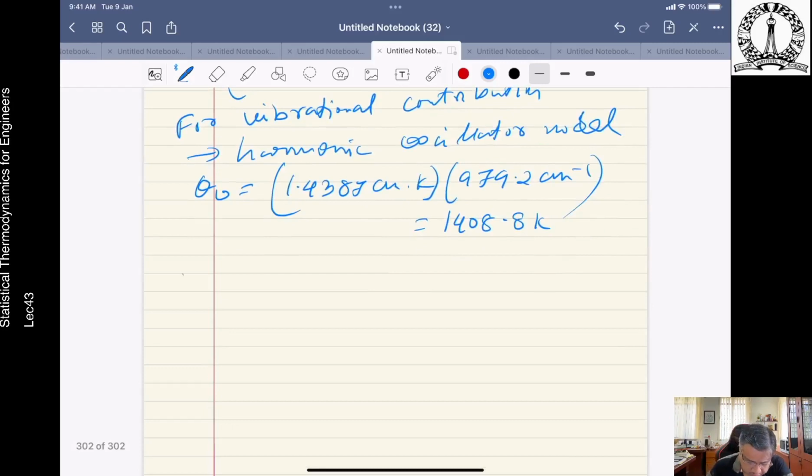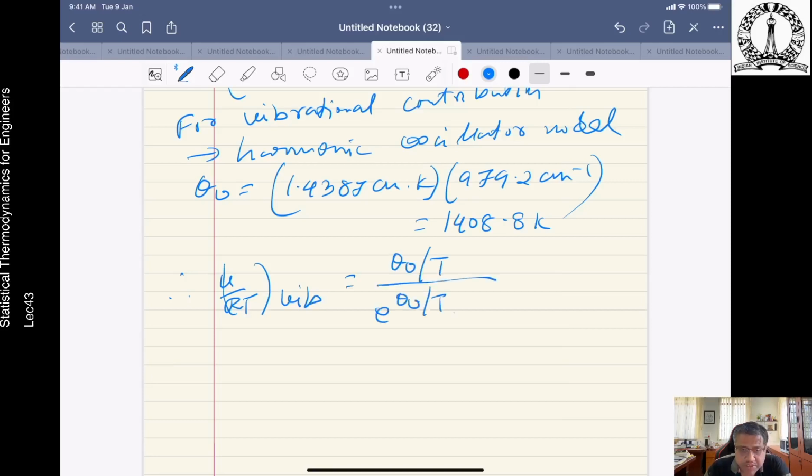So now therefore U by RT vibrational will be equal to theta V by T divided by exponential of theta V by T minus 1, which is equal to 0.6888.